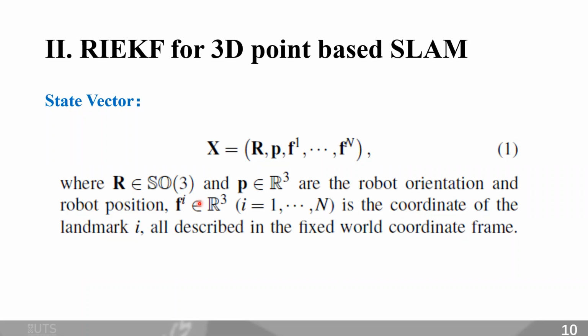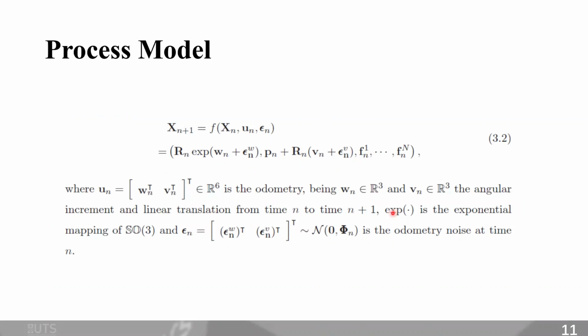Now come to 3D point feature-based SLAM. The considered state vector combines the rotation and position of the robot and the positions of observed features. The rotation belongs to SO3 and all the position vectors belong to R3. The process model is shown here. The robot pose moves via the odometry and the features remain stationary.